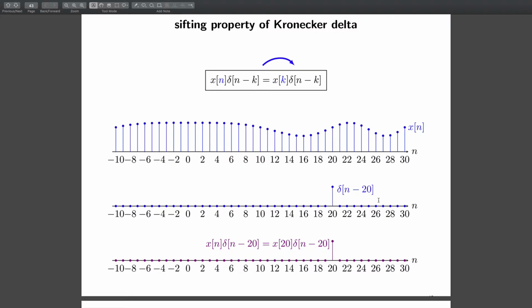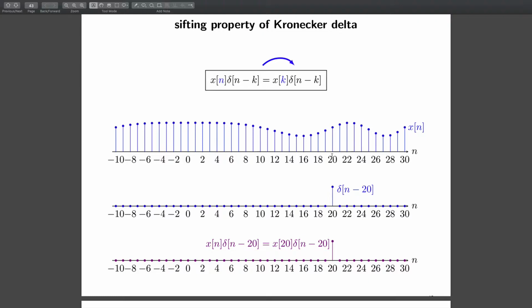What will the product look like? Well, because most of the samples in the delta sequence are 0, most of the samples in the product will be 0 as well. In fact, there will only be one non-zero sample in that product, and that occurs at sample index number 20. Because we're multiplying these things together, remember the delta function has amplitude 1, and so the value of the product will be whatever the signal sample happens to be at that time when the delta function turns on.